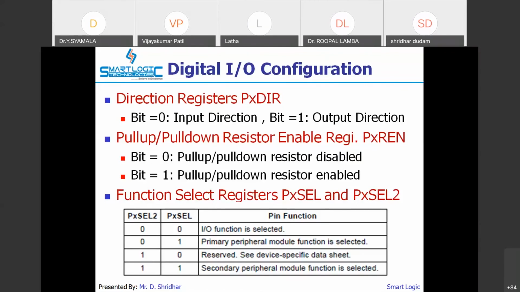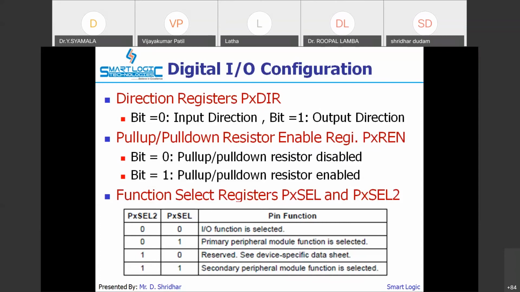This again depends on the data sheet. You have to refer to the data sheet of your selected controller. Most of the pins are multiplexed with a special function, at least one or two.